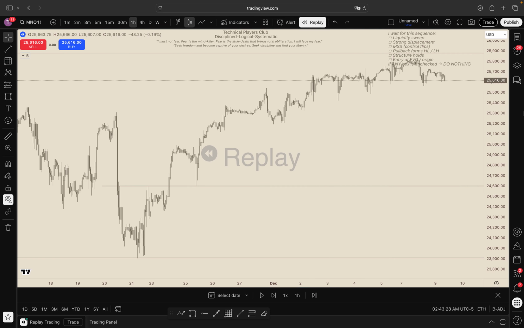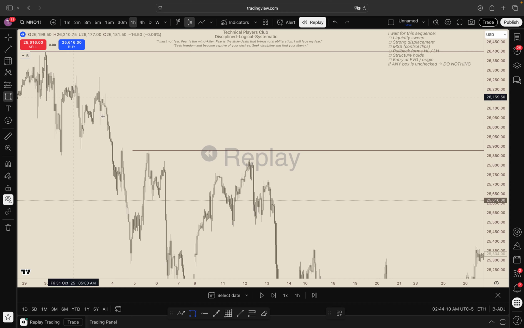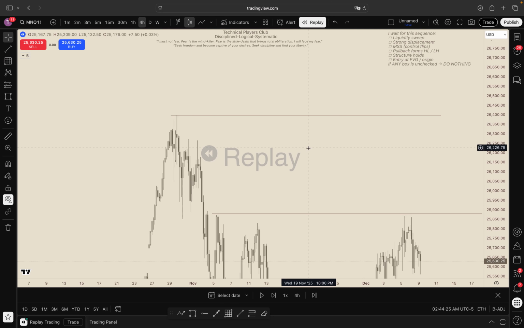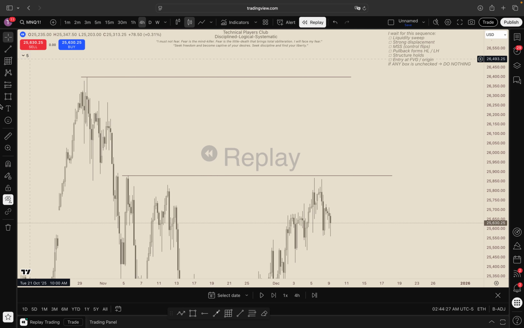Now, if I'm sitting here and market's about to open, what do I think the banks want to do to people? Because before market opened, you see we got these rises right here. It didn't quite take that liquidity. I think it wants to get these people's money and make them have a bad day.